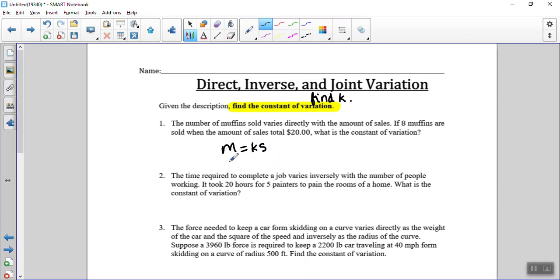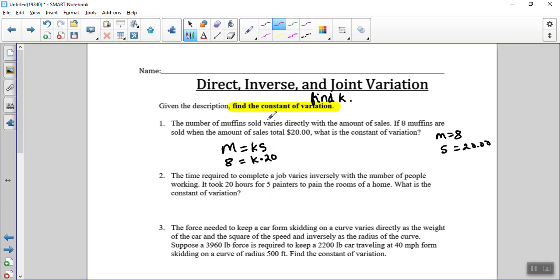If there are 8 muffins, so I'm going to substitute the muffins is equal to 8. So if there are 8 muffins, and K, we don't know what it is, we'll solve for that, times S, and it says the sale of $20. What is K? So I'm going to do K times sale is $20. So just put 20.